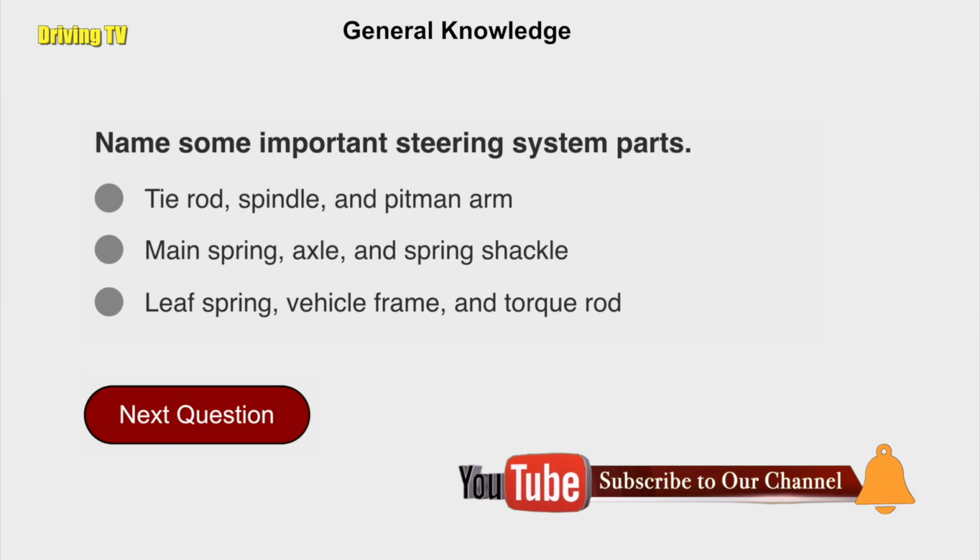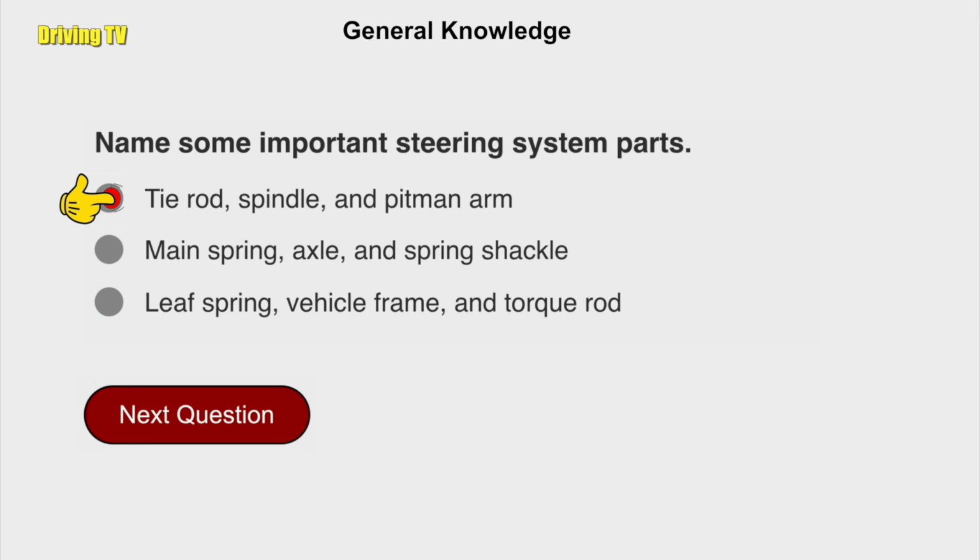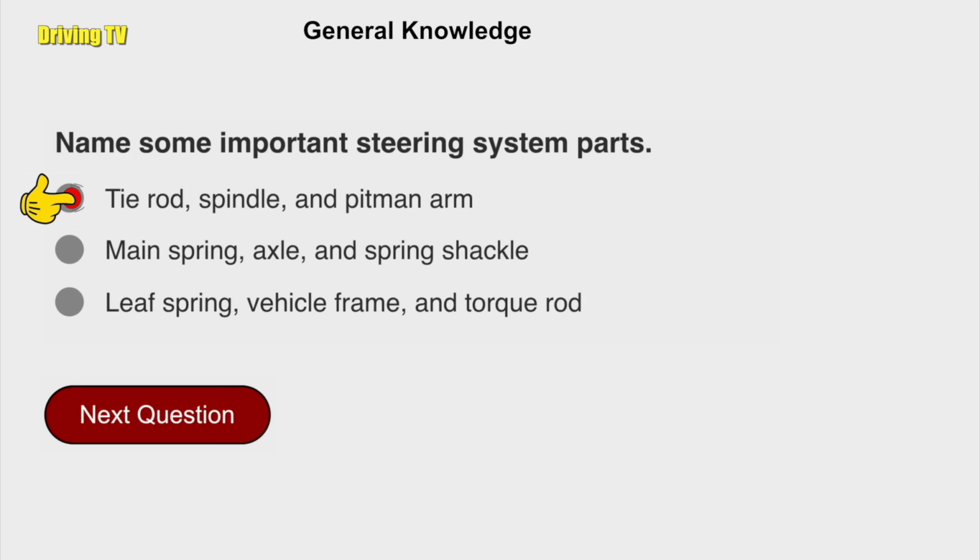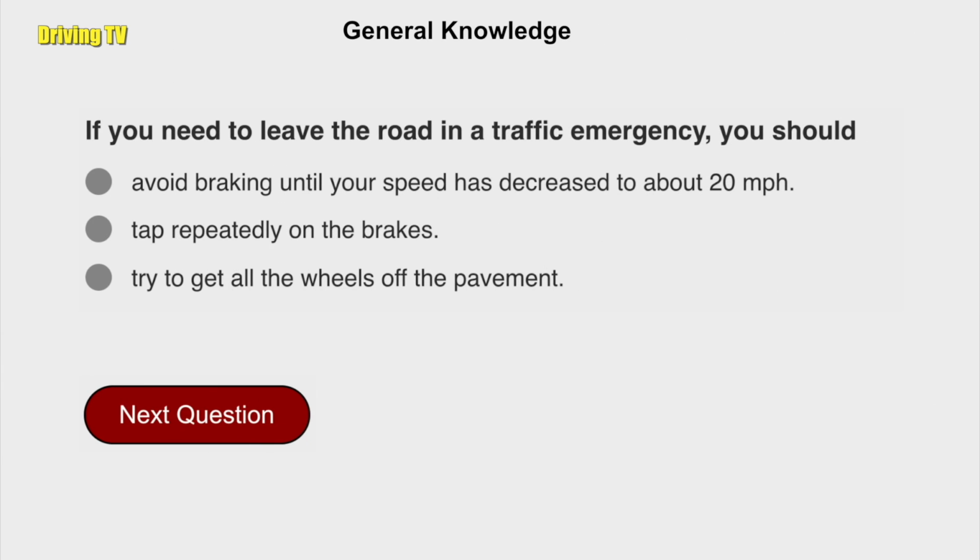Name some important steering system parts. Tie rod, spindle, and pitman arm. If you need to leave the road in a traffic emergency, you should avoid braking until your speed has decreased to about 20 miles per hour.